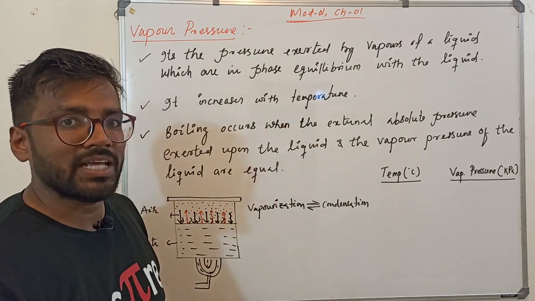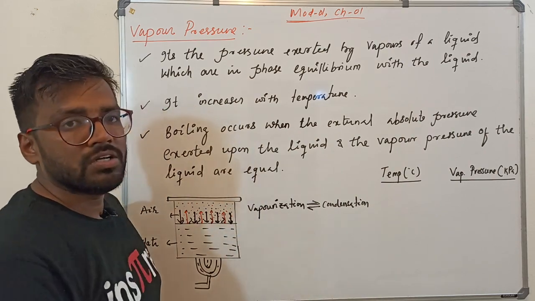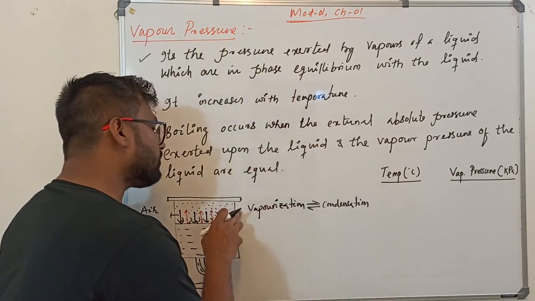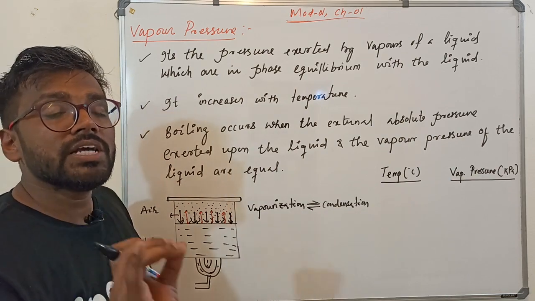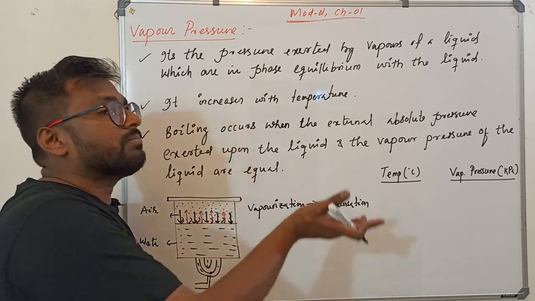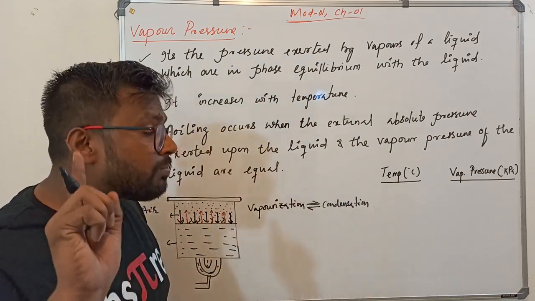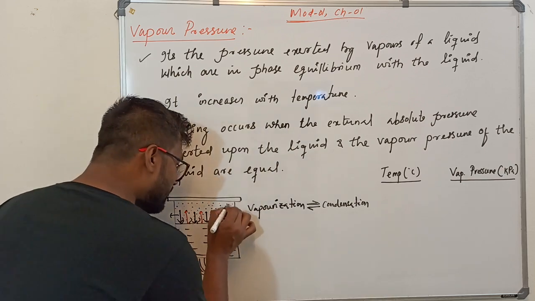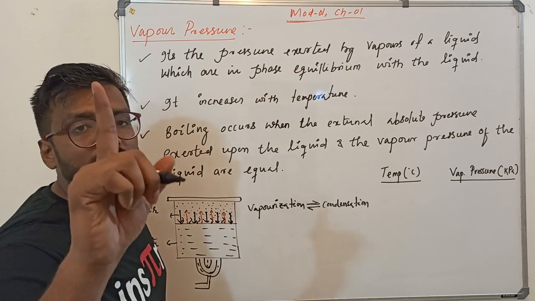There will be a time where the amount of water vapor going from the liquid surface and the amount of liquid coming back down after condensation become equal. So the rate of vaporization will be equal to the rate of condensation. At that point, the pressure exerted by these vapors on the liquid surface, we call it as what?